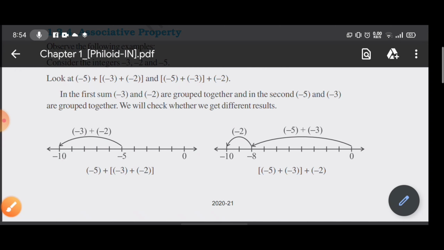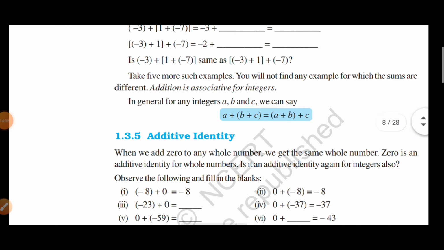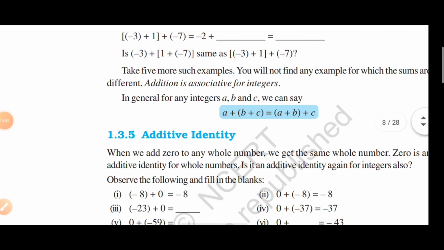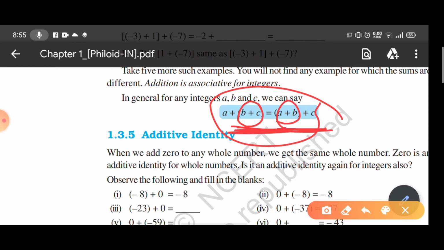Here I am applying it only for addition and subtraction. So let us see the results. Here a plus b plus c is written in two ways. There is a difference between both that you have to understand, because here I first add these values and then add a, and in this situation I first add these values and then add c.